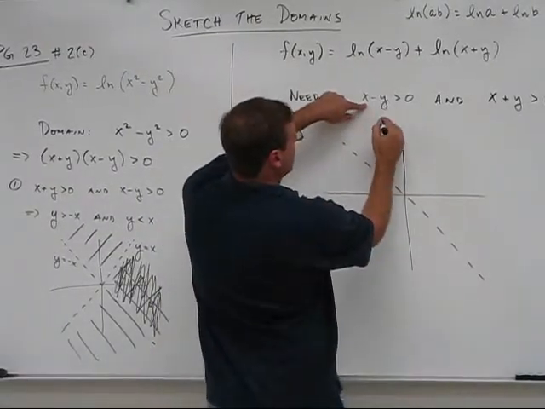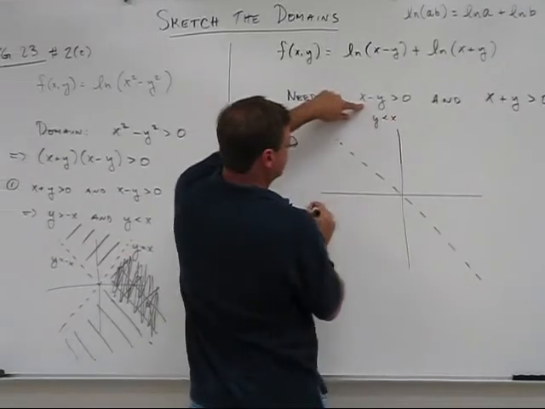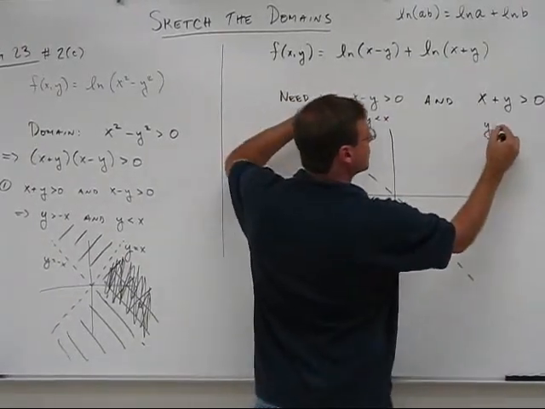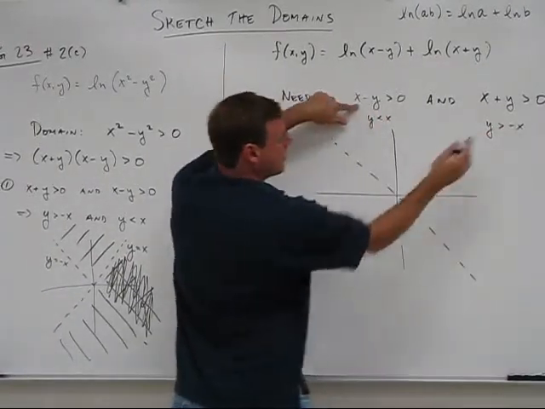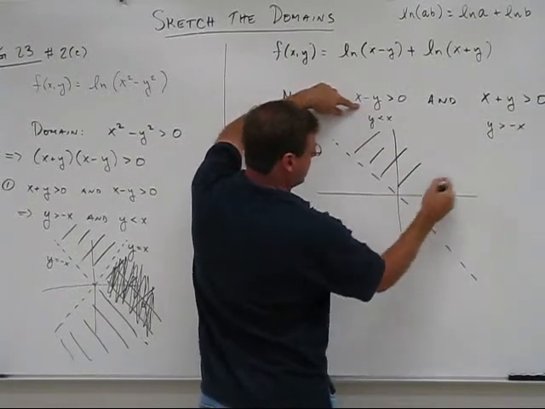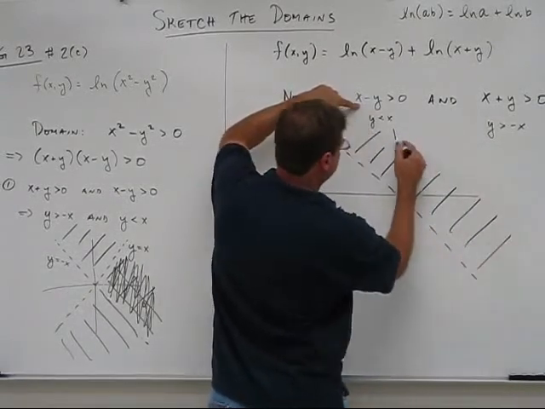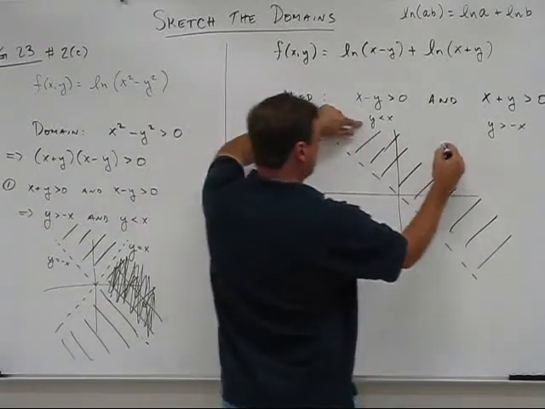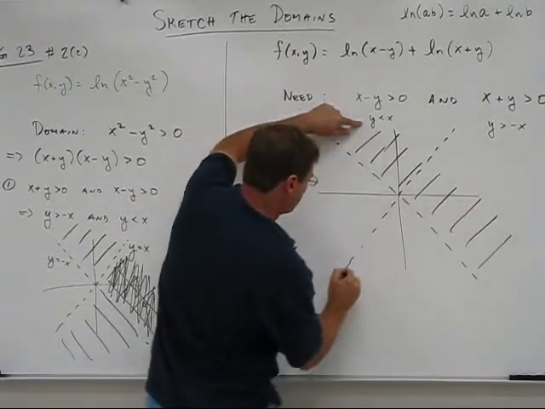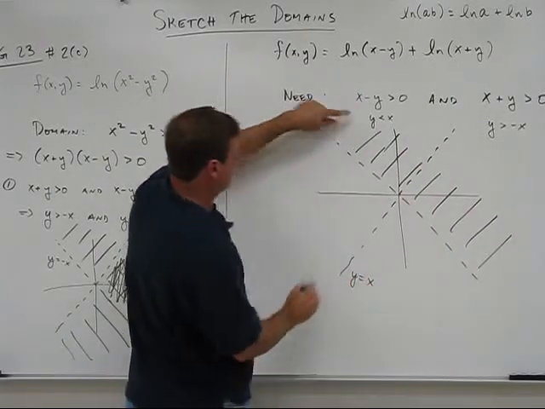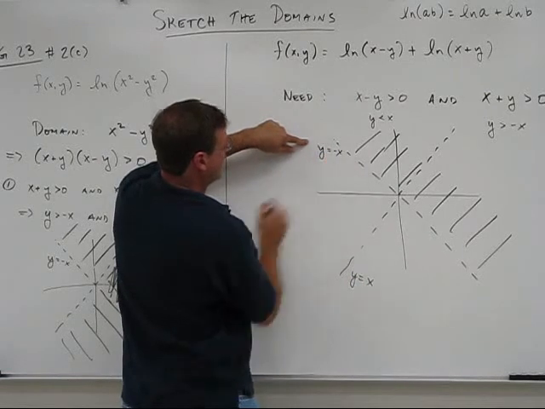And this one corresponds to y is less than x, and this one corresponds to y is greater than negative x. Y greater than negative x is all of this. And here's y equals x, that's y equals negative x.